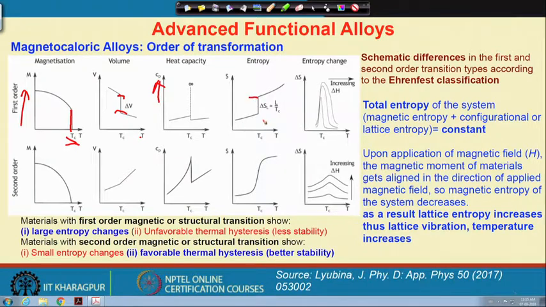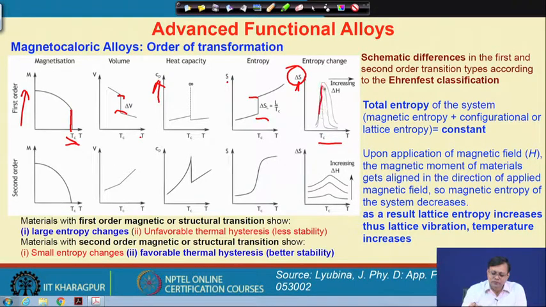A similar effect occurs if we think about entropy: if we plot entropy change delta S versus T, then near this Tc we will see a relatively sharper change of entropy change with increasing delta H and so on. Now, these schematic differences are classified according to the Ehrenfest classification of first order and second order.